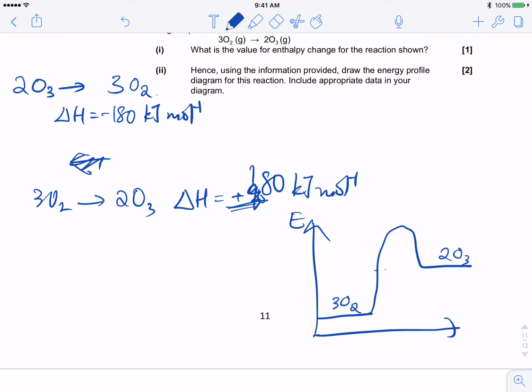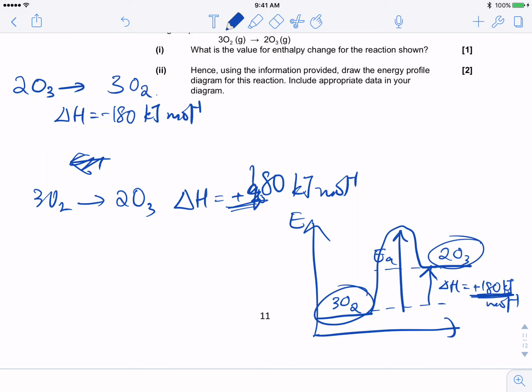From here to here, where's the delta H? It is actually like this. Delta H equals positive 180 kilojoules per mole. Did they ask you to draw the activation energy? Whenever you draw an energy profile diagram, just label the Ea. The appropriate data is this part. So you must be able to label the correct value here, here, here, and obviously your reactant must be below your product.